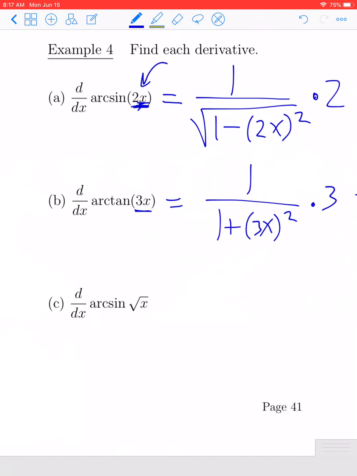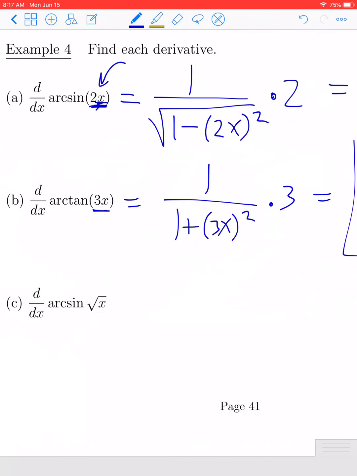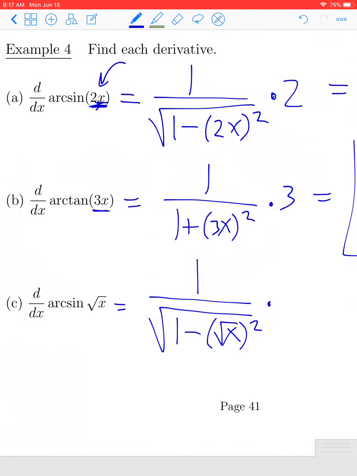In example 4, we have d/dx of the arc sine of the square root of x. This is equal to 1 divided by the square root of 1 minus the inside part, which is the square root of x squared. And then from the chain rule, we need to multiply by the derivative of the inside function. We know that this is x to the 1/2, and we've seen that derivative a bunch of times. The derivative of the square root of x is 1 over 2 square root of x.